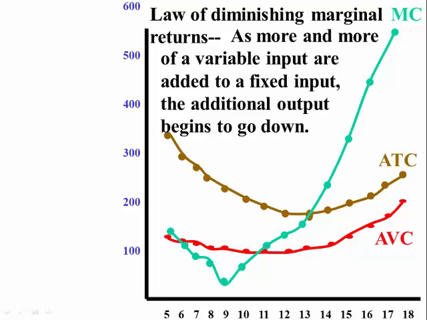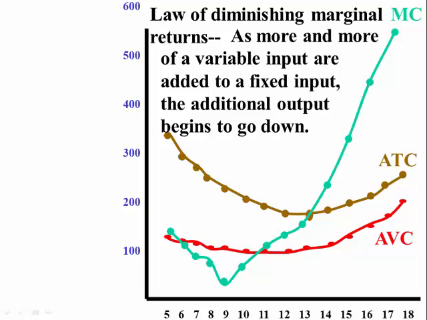The reason this happens is as more people are added to one machine, there's a backup at that machine, and as there's a backup, the additional output begins to go down. And if the additional output begins to go down at some point, then that means your additional cost of producing that item begins to go up. Your marginal costs begin to climb.